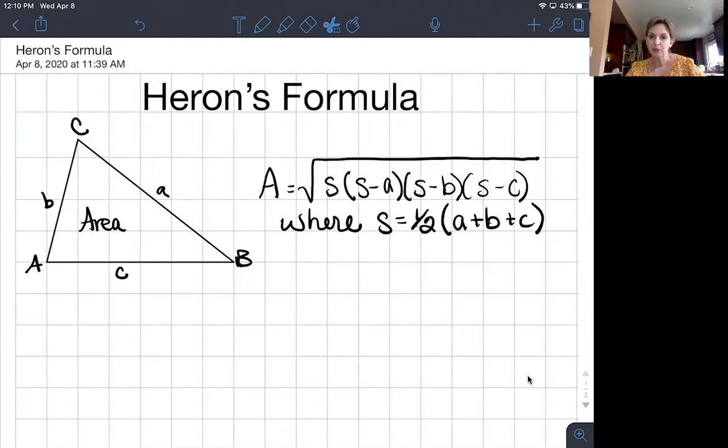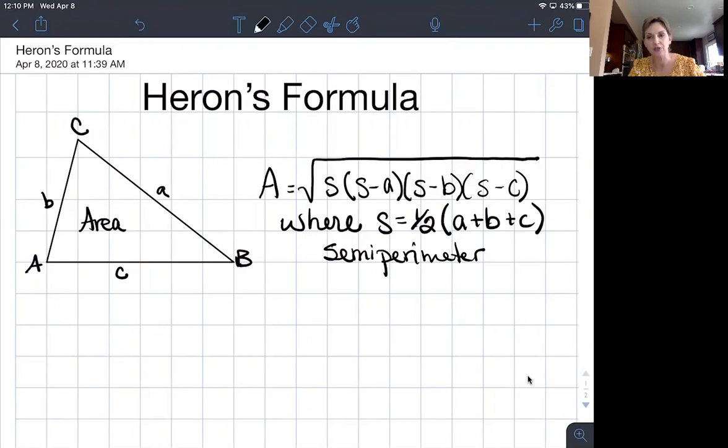Okay, so Heron's formula is area equals the square root of s times (s minus a) times (s minus b) times (s minus c), where the three sides are a, b, and c. Now s is 1/2 (a plus b plus c). What s actually is called is the semi-perimeter, or half of the perimeter.